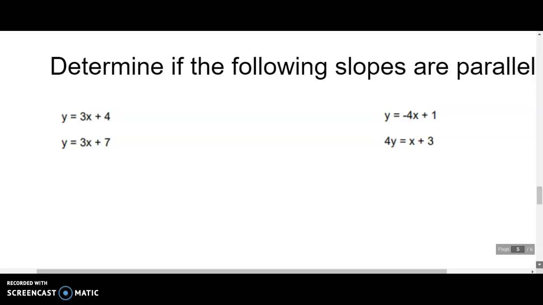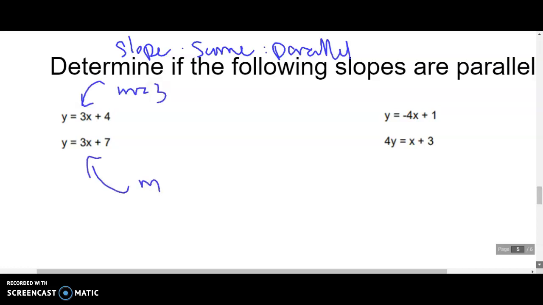We're looking to see if the slope is the same. If the slope is the same, they are parallel. All right, so looking at this one, this has a slope of 3. This has a slope of 3. Therefore, these two lines are parallel.